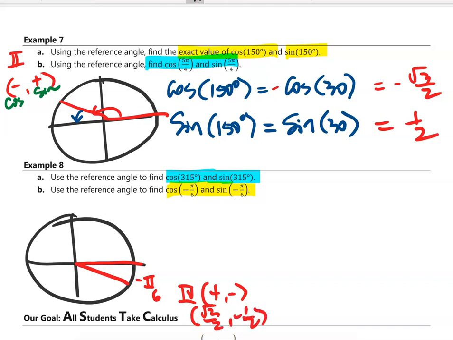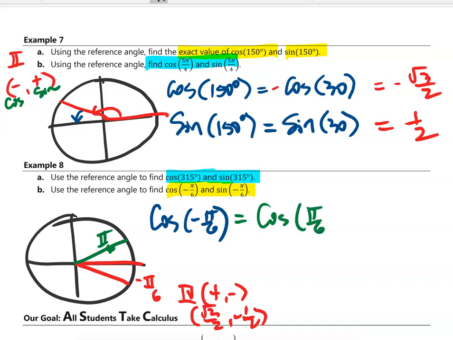Okay, so cosine of negative pi over 6, reference angle, fastest way to the x-axis, this is negative pi over 6, so this is the reference angle, which is pi over 6, so this is equal to cosine of pi over 6. In quadrant 4, cosine is positive, and that is equivalent to square root of 3 over 2.